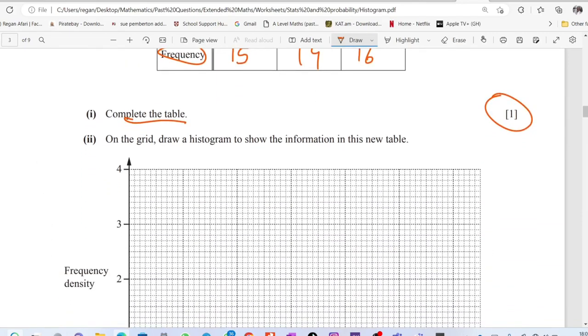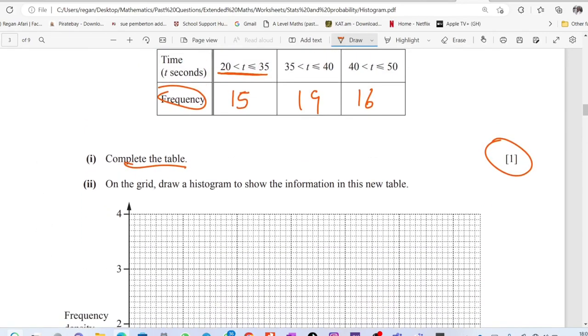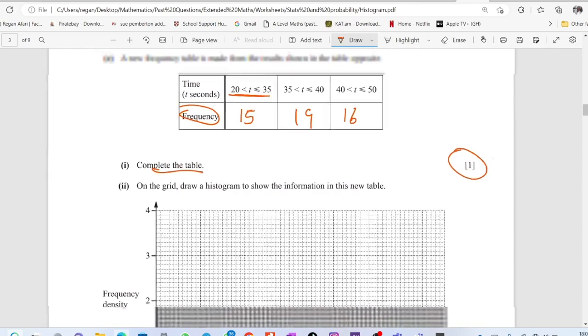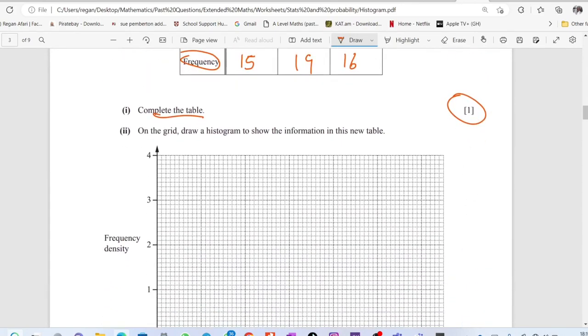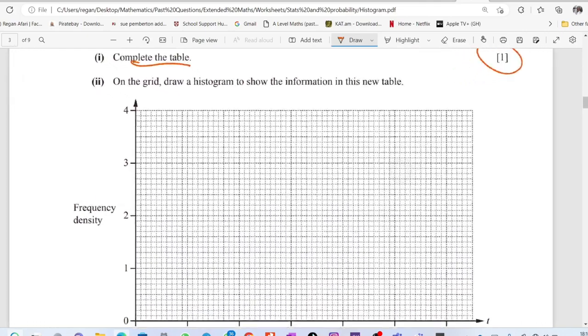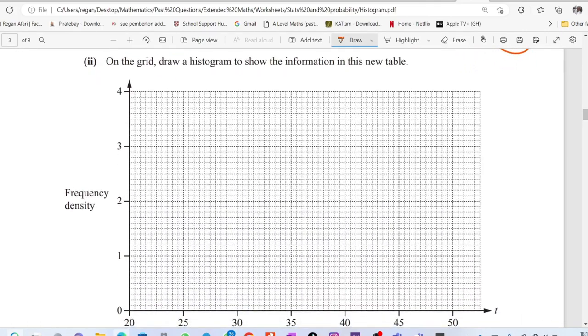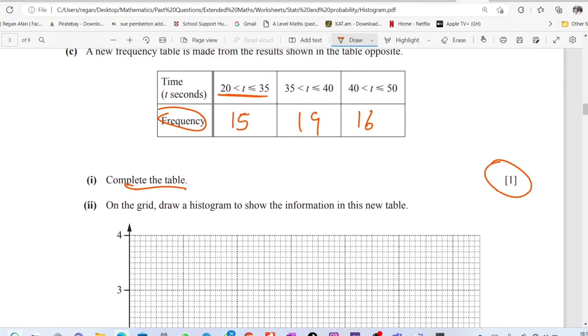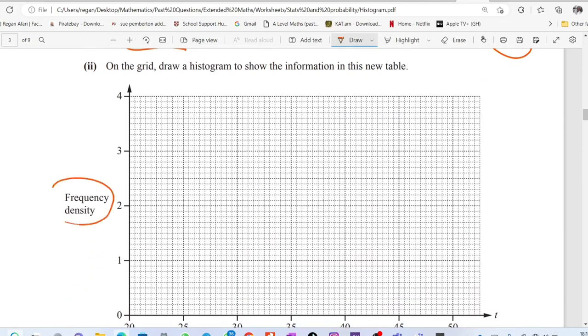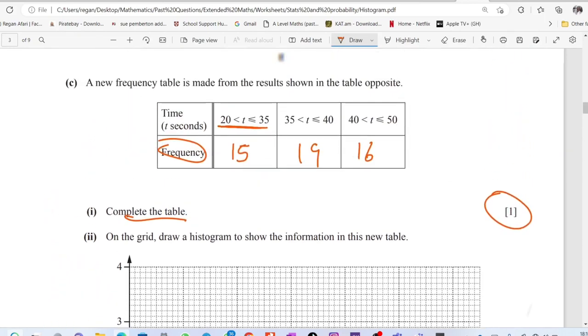They want us to now sketch this, right? So let us get our data. We actually need a frequency density. So let's calculate that. Even if you forget, it tells you that don't plot just frequency, but plot against frequency density.